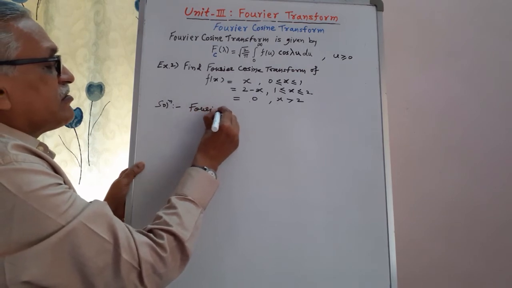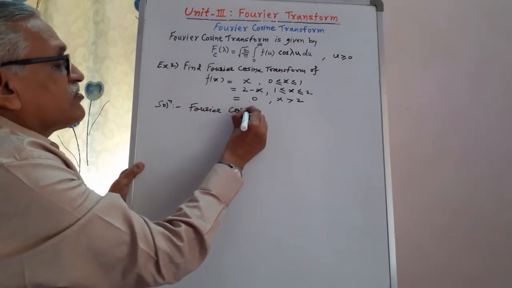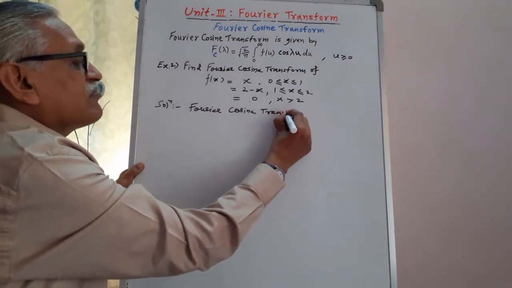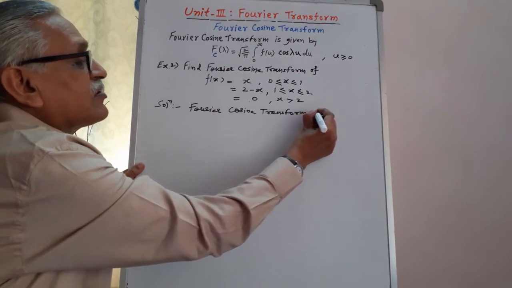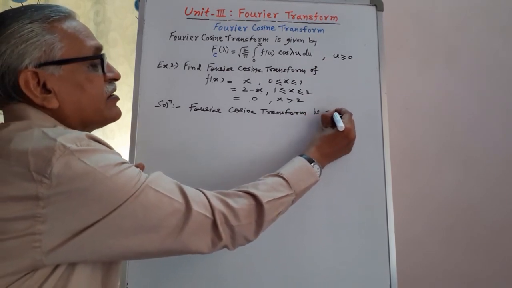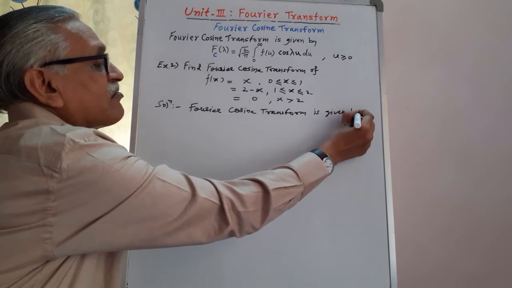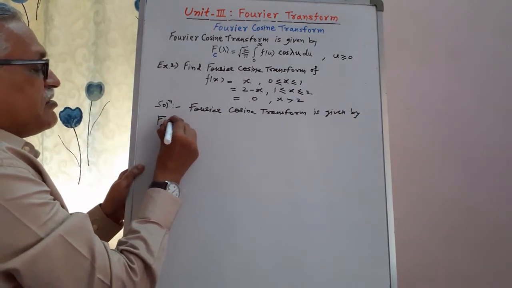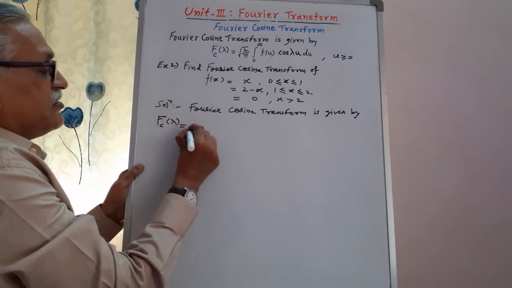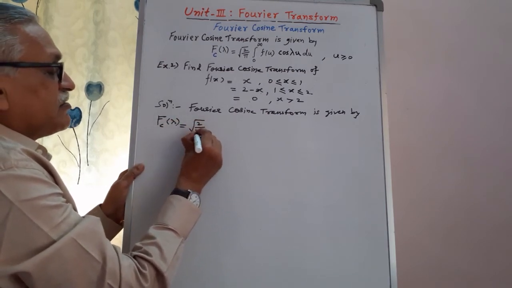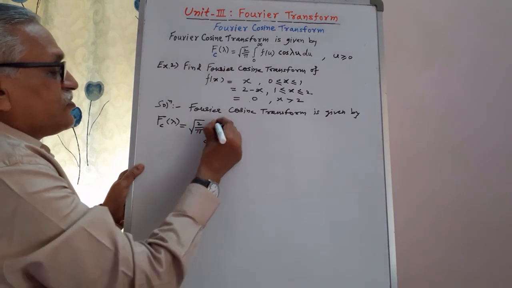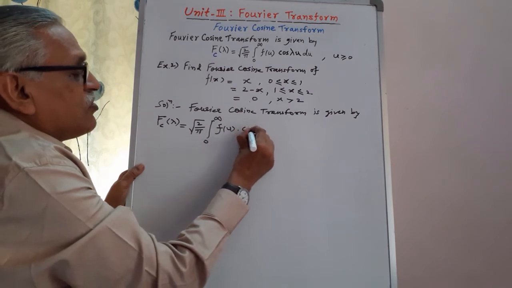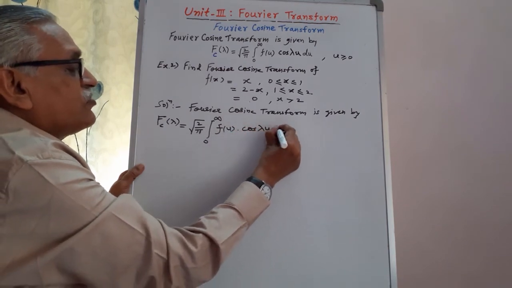The Fourier cosine transform is given by Fc(lambda) equals root 2 by pi integral from 0 to infinity f(u) cos(lambda u) du.